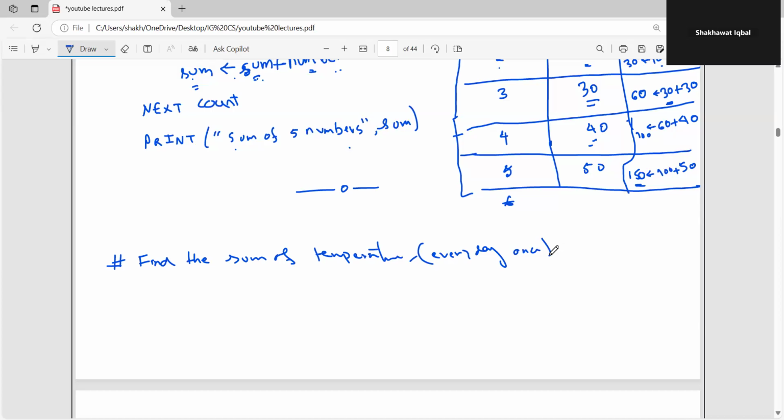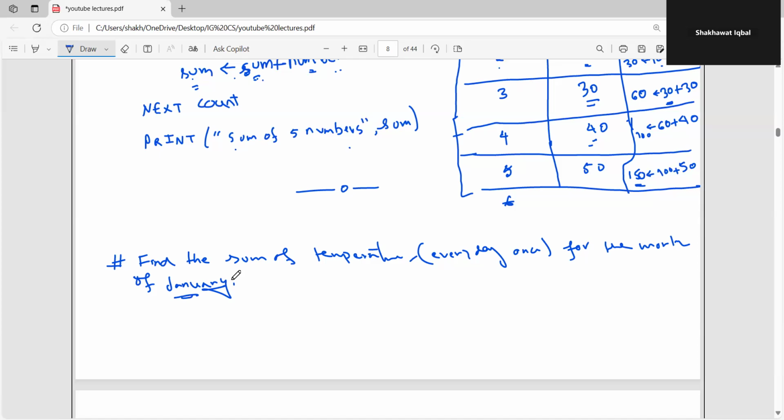Find the sum of temperature for the month of January. Right? So you have to understand that, oh wow, here they didn't tell how many times I have to input. But they indicate here the month is January, so January has 31 days.